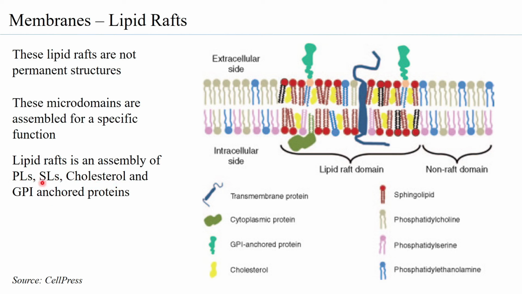Interestingly so, because they are able to interact with each other with greater affinity, which is why they come together and assemble together. And cholesterol, sphingolipids, and phospholipids are able to enable change in the conformation of the proteins they are associated with, and thereby affect a particular function.